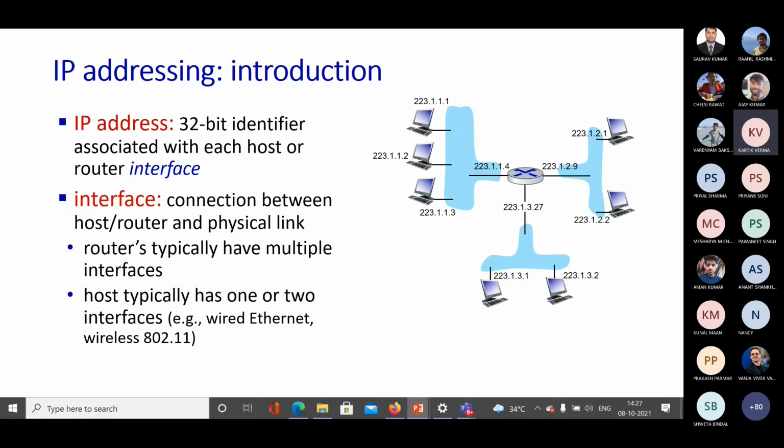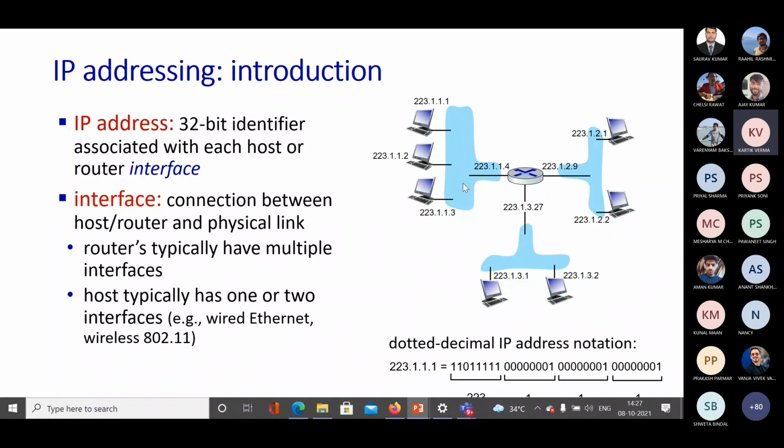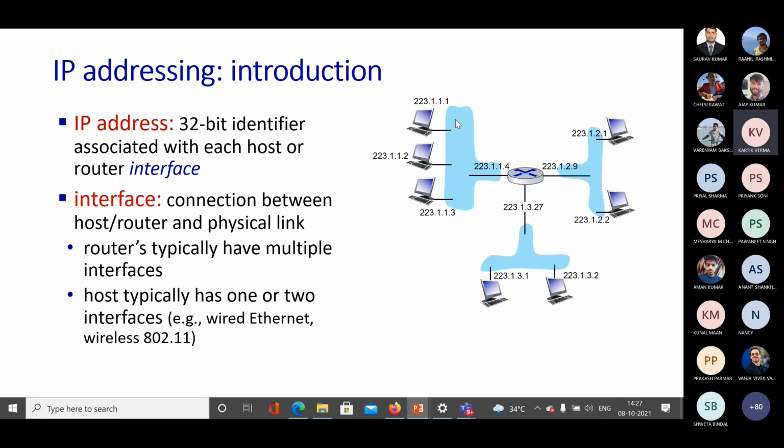You can see here there's a router and it has three different connections associated with it. These different connections are connected to three different hosts. So an interface is the way of connecting to the physical link.